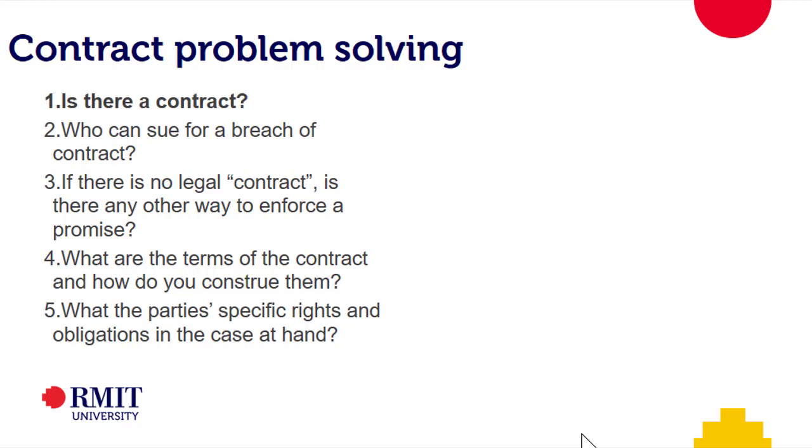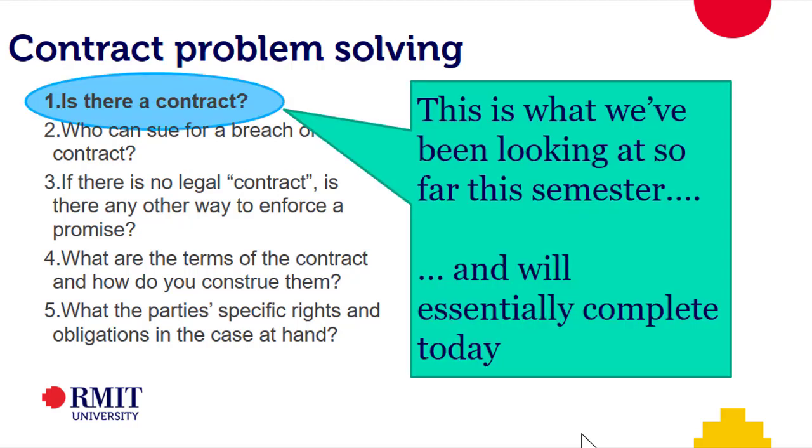If there isn't a legal contract, we might be able to think about whether there are other ways to deal with something, but it's easier for us to resolve an issue if we can find whether the contract exists or not. So we're still at this question stage of, is there a contract? And that's what we're going to complete today.